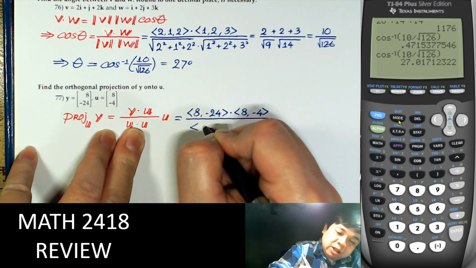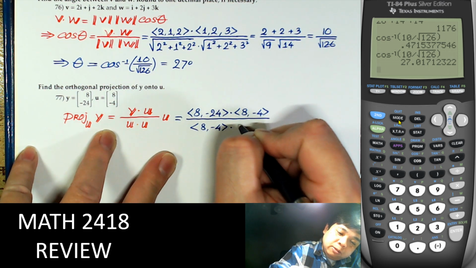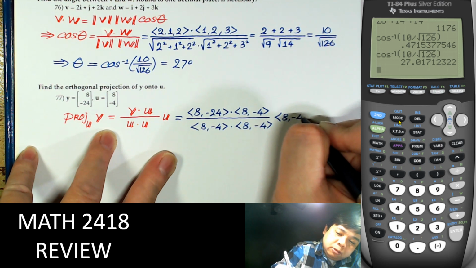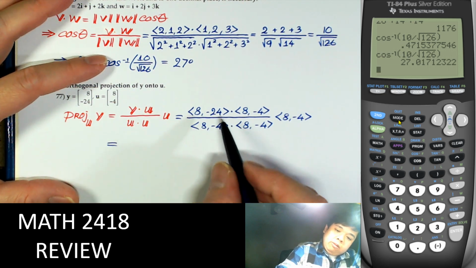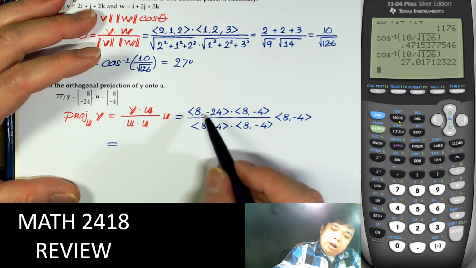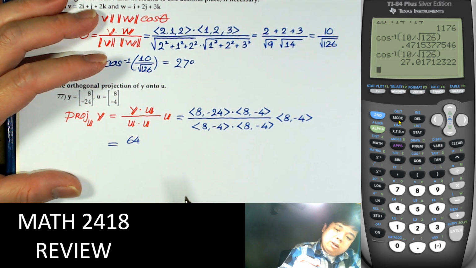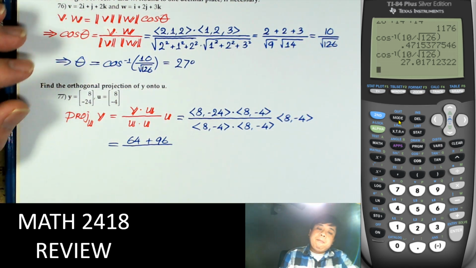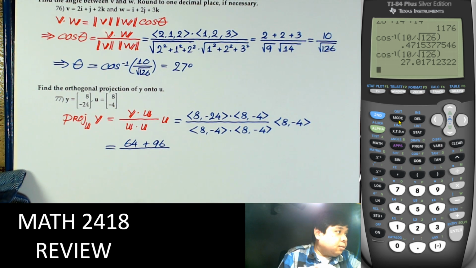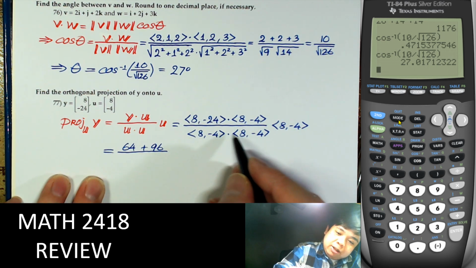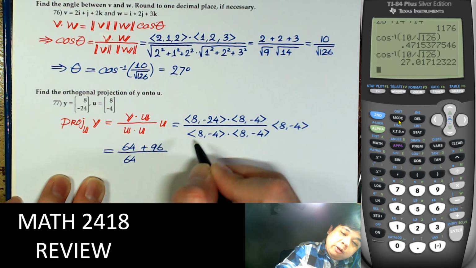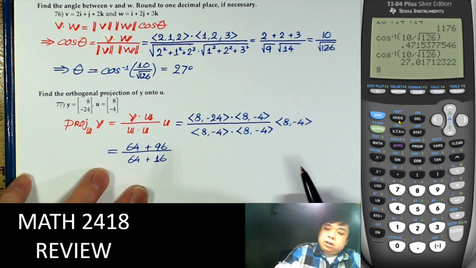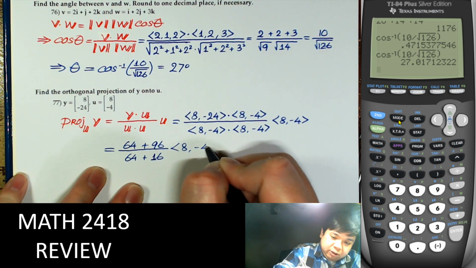The dot product itself: 8 times 8 is 64, plus 96, that's 160. And down here, 8 times 8 is 64, 4 times 4 is 16, times 8 and negative 4.